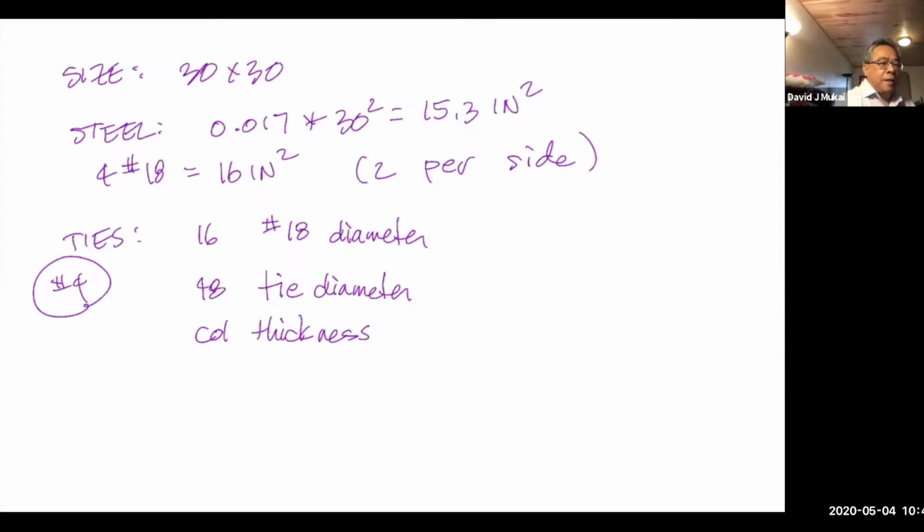Okay, so a number 4 is a 1/2 inch in diameter. Okay, so 16 times a 1/2 inch is 8 inches. Okay, 48, sorry, 48 times a 1/2 inch is 24 inches. A number 18 bar diameter is 2.257.